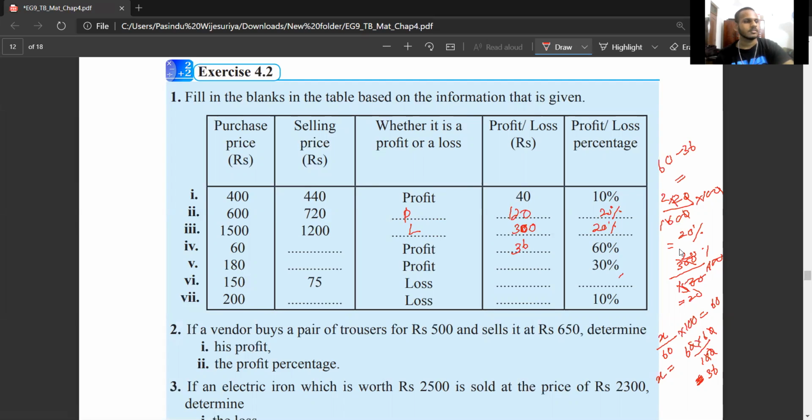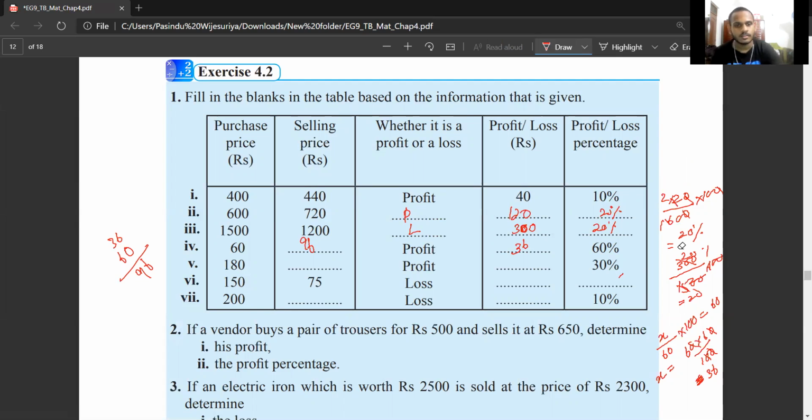So that is 24. Oh, sorry, my bad. This is wrong. This is a profit. This is not a loss. This is a profit situation. So if it's a profit situation, what you do is 36 plus 60 is 96. So this one will also be the same, and this is also for loss, pretty much the same.